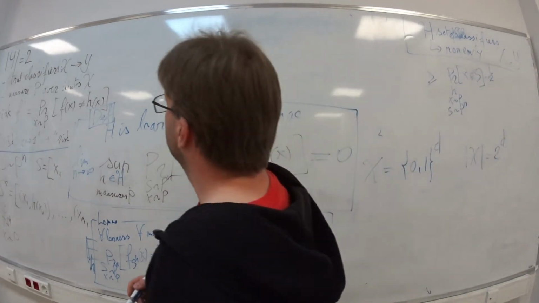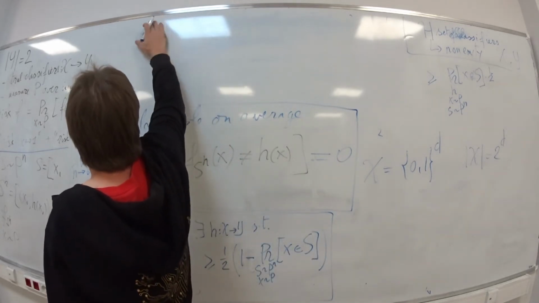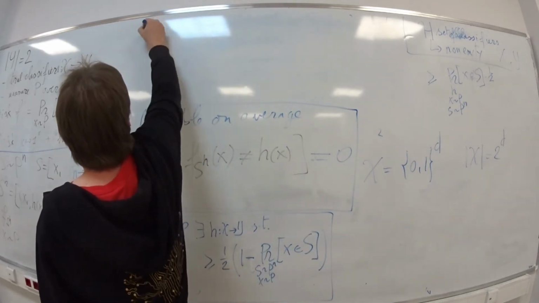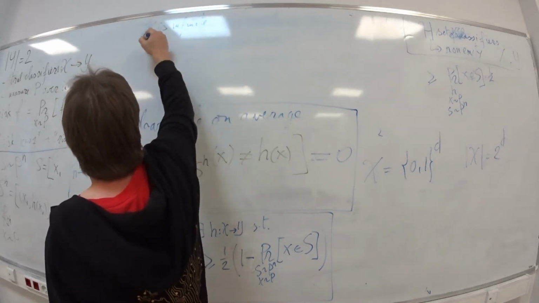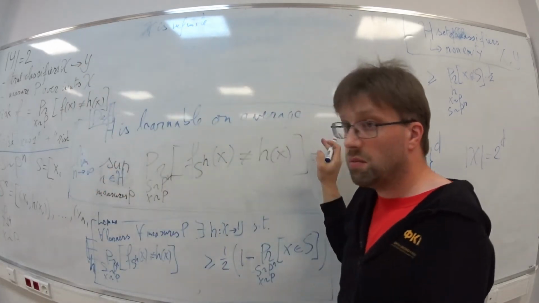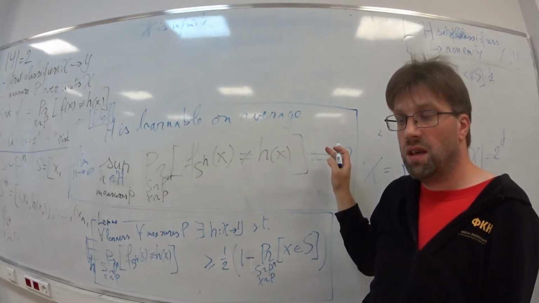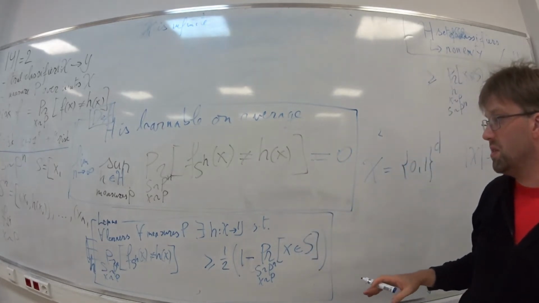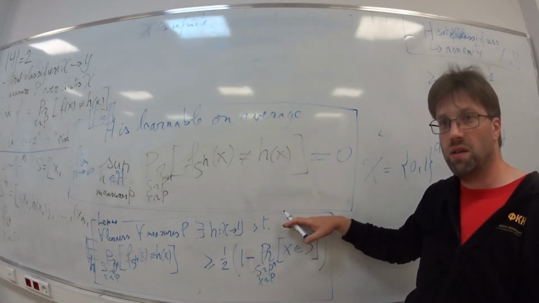There are some counterexamples. If X is infinite and H contains all functions on X, then it is not learnable on average. We need some work for this. It's a lemma, it's in the seminar, or the homework, I think. I forgot what I put in as first homework question.